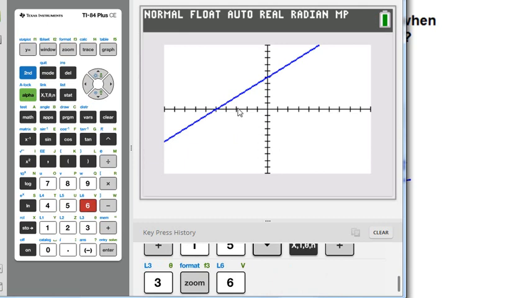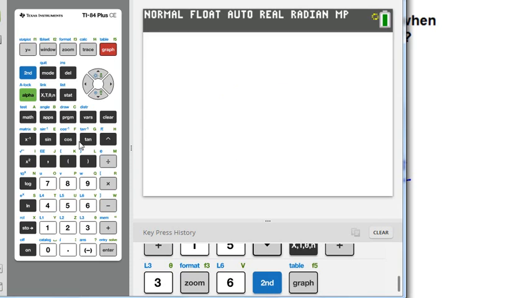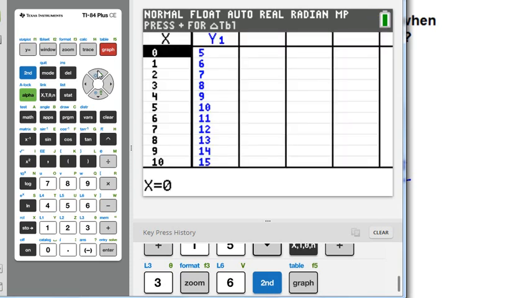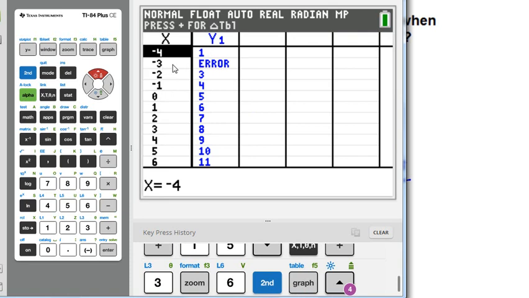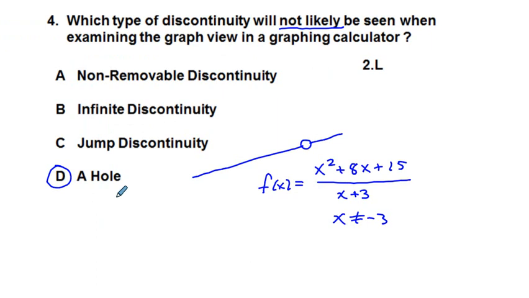Now we know there should be a discontinuity at x equals -3, but we see no break at all. The only place we can see it is if we go to the table view and go to where x equals -3, we have an error because that's where the function does not exist. So that is problem 4.